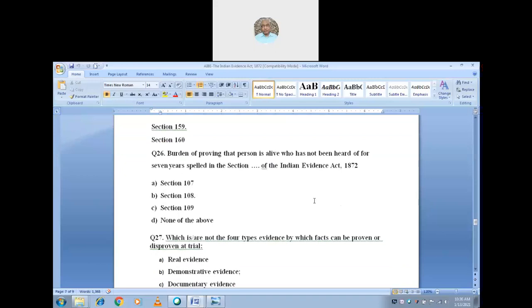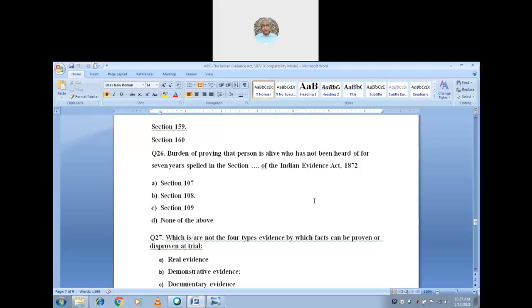Yes. And question 26: the burden of proving that a person is alive who has not been heard of for 7 years is spelled out in which section of the Indian Evidence Act? Because if a person has not been heard of for more than 7 years, the presumption is that he is no more on this earth.